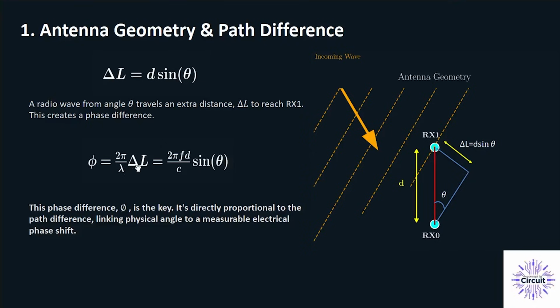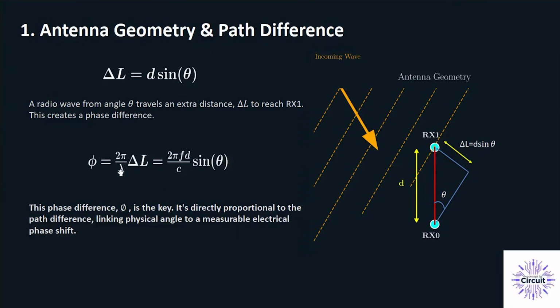So the ratio of delta L over lambda determines how much phase shift we have as the wave travels from RX1 to RX0, right? And we can measure this phase shift in our ADALM-Pluto because once we receive the signal at RX1 and the mixer down-mixes it to the baseband, we can find its phase because we have the quadrature information I and Q, and we can calculate the phase. The same for RX0. The delta here is a known thing for us in ADALM-Pluto.